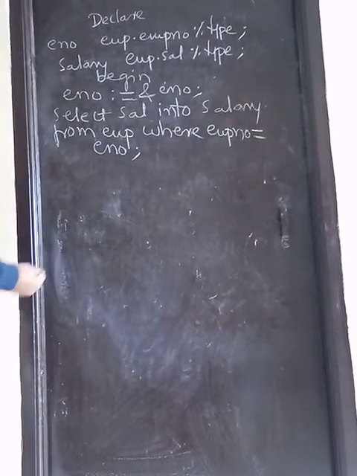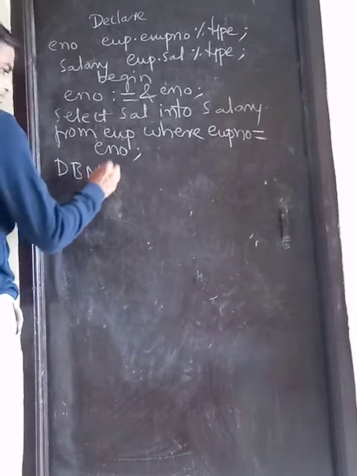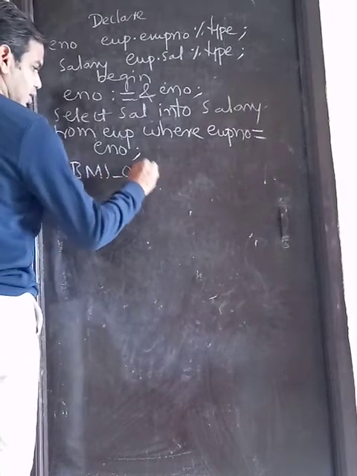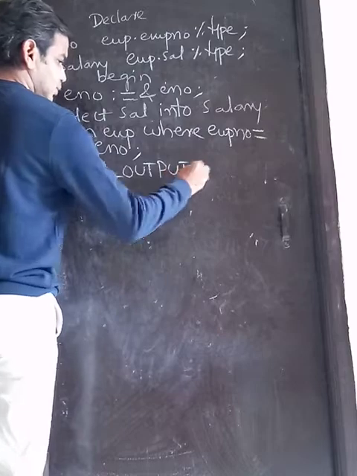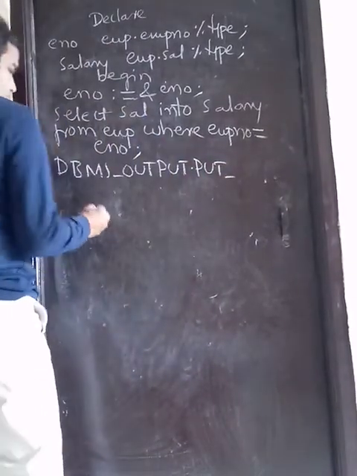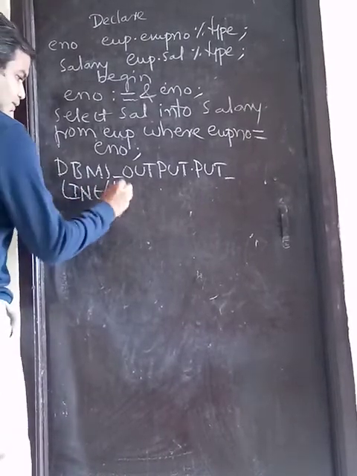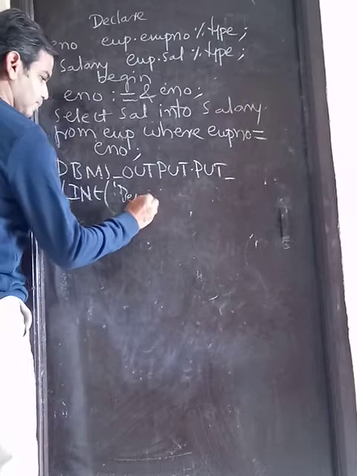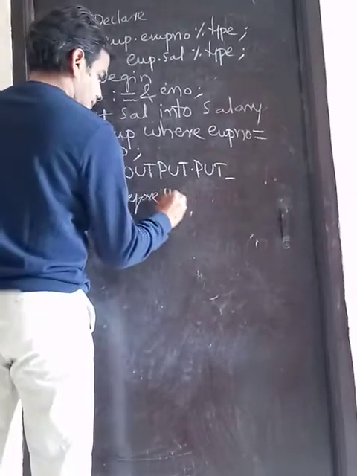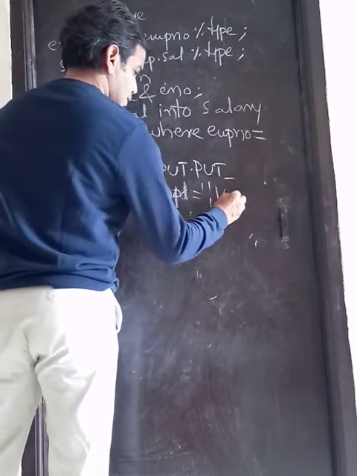First of all, before updation we will display using DBMS underscore output dot put underscore line: before updation is equal to salary.